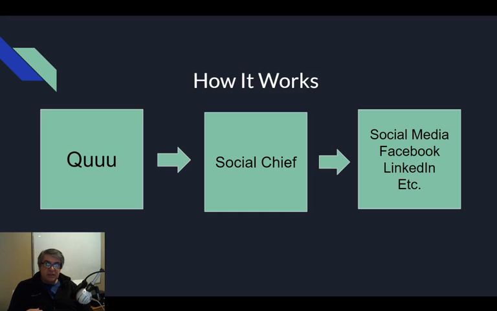I use Buffer, but Buffer, from what I can see, no longer has a free version. I happened to get it years ago, and I guess they're just leaving me alone with it. But anyway, Social Chief is working now, and then, as I said, Social Chief will push it over to your, in this case, the example I'm going to give you is the Facebook page.